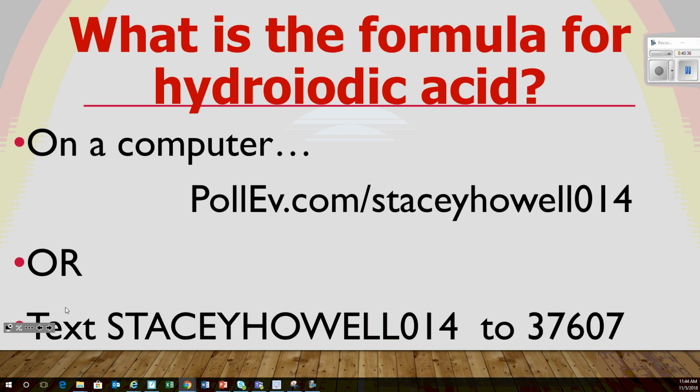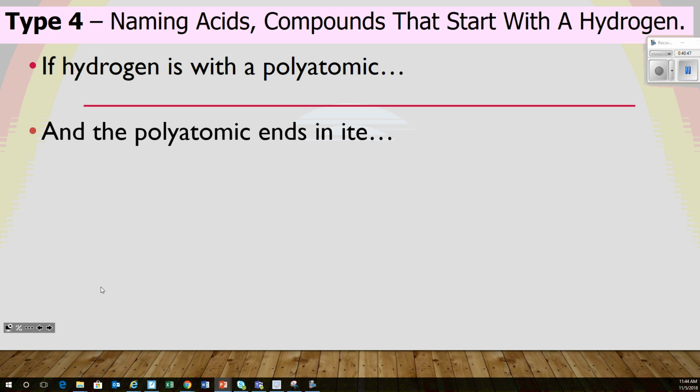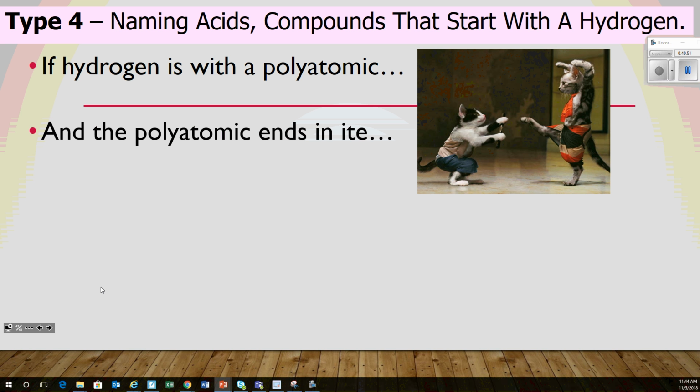Nope. Okay, so let's go forward here. We're going to name acids that start with a hydrogen, but if the hydrogen is with a polyatomic, we have a few things. I'm going to give you little hints on how to remember this. If the polyatomic ended in ite, I-T-E, OS, we're going to get in a fight. So in an acid situation, OS, we're going to get in a fight.